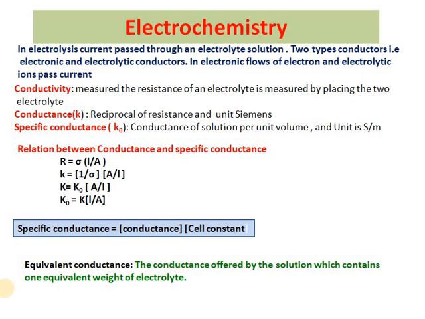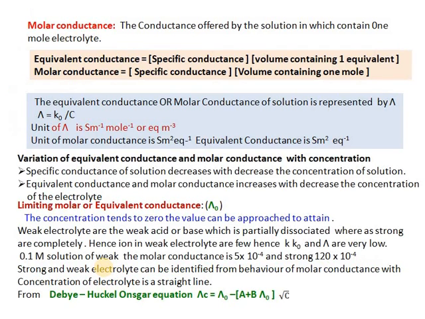The next point we are going to discuss is the equivalent conductance. Equivalent conductance is defined as the conductance offered by that volume of the solution which contains one equivalent of the electrolyte. It means that the conductance offered by a solution which contains one equivalent weight of electrolyte is called the equivalent conductance.